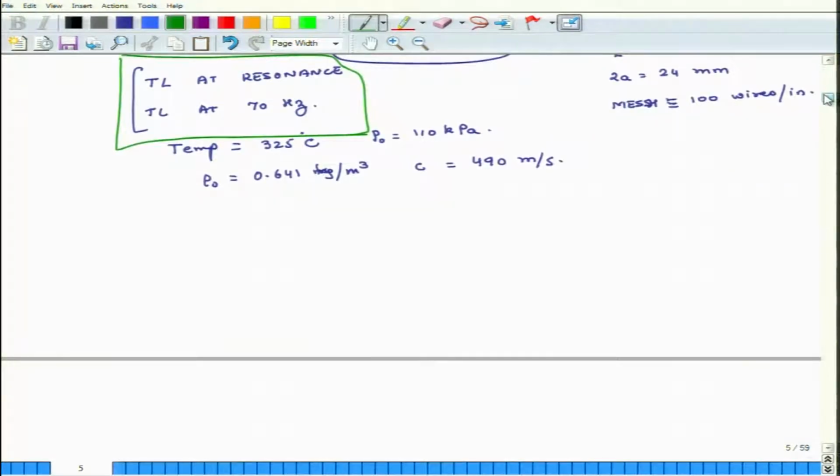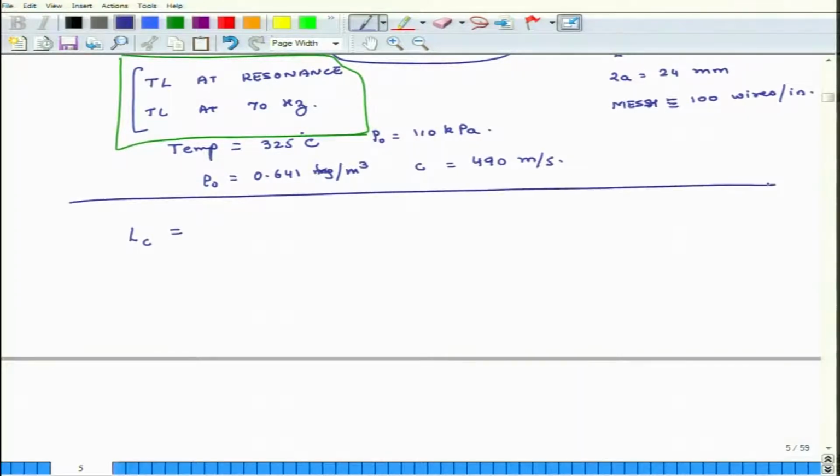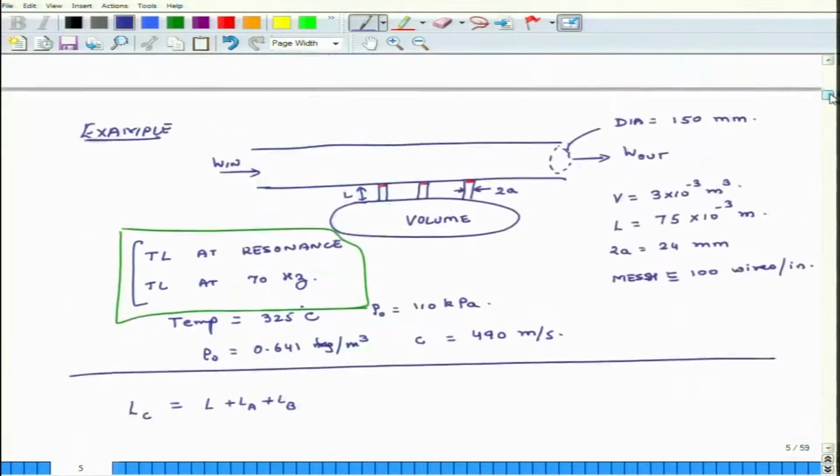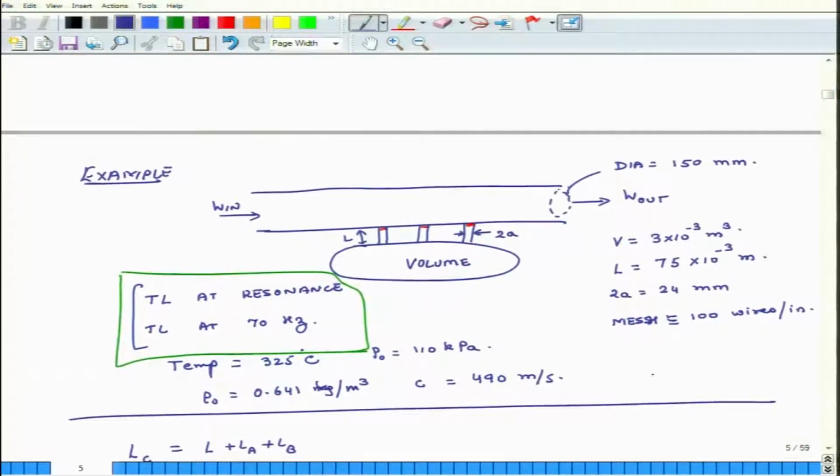For this, the first thing we have to do is find LC. LC equals L plus LA plus LB. Now, when we look at this geometry, each pipe has a long flat surface area on both the ends.